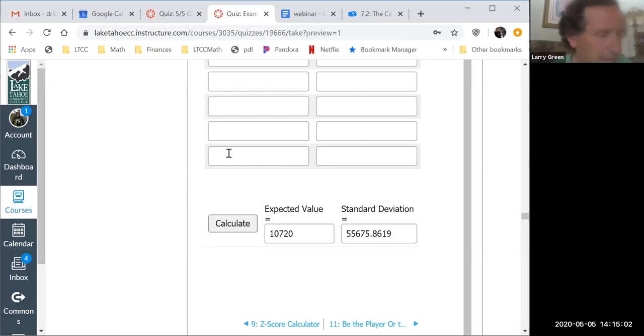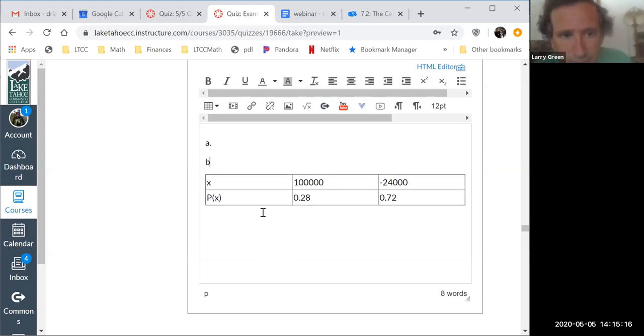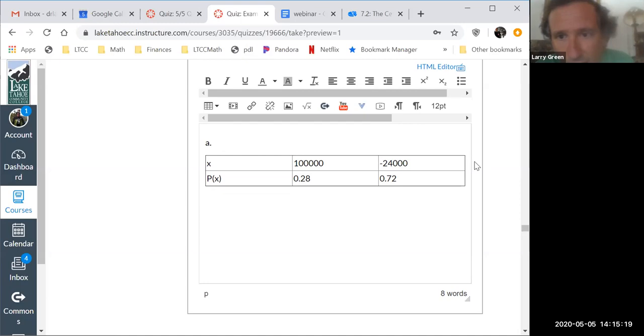Okay, and our expected value was 10,720. So for part B, expected value, let me write EV for expected value, is 10,720.